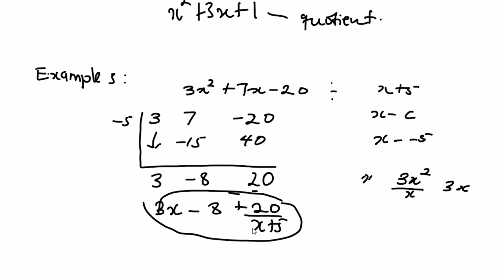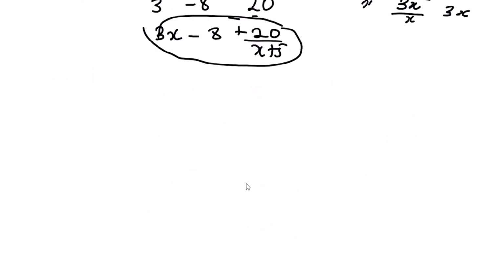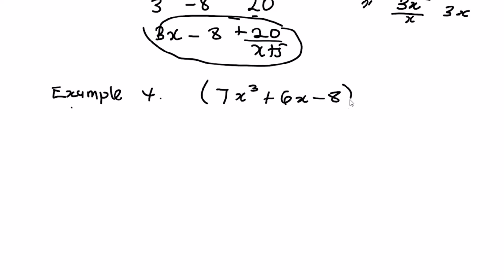Okay, so let's take another example on that. Example 4. We have 7x cubed plus 6x minus 8 divided by x minus 4.